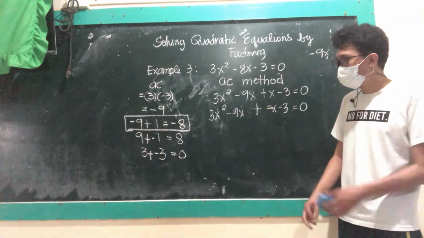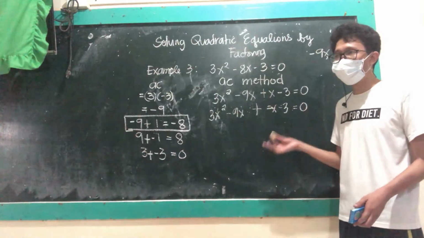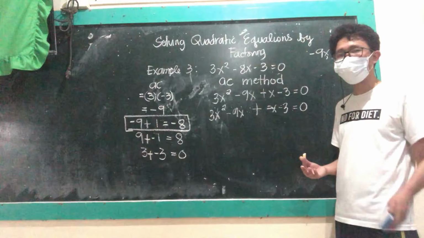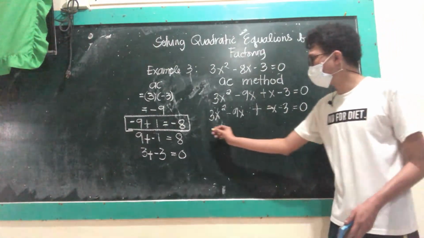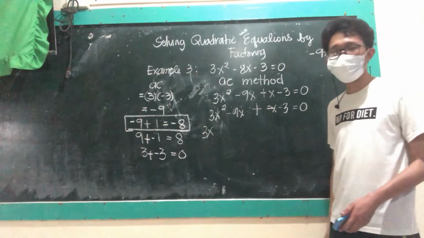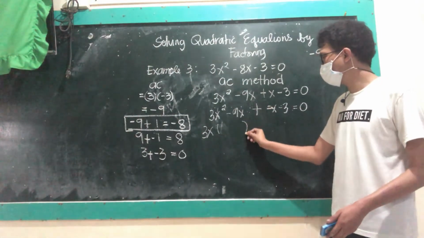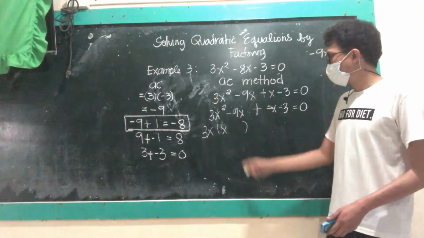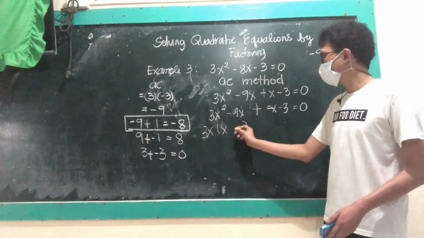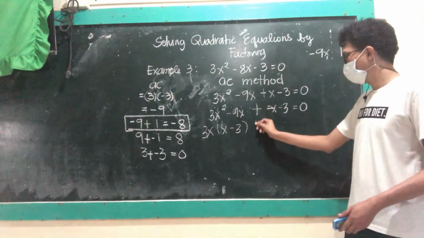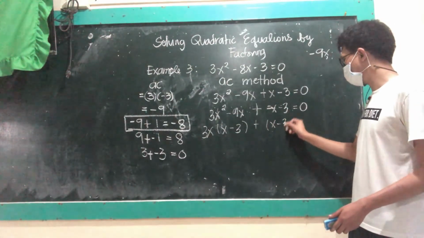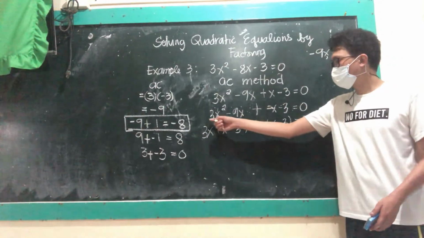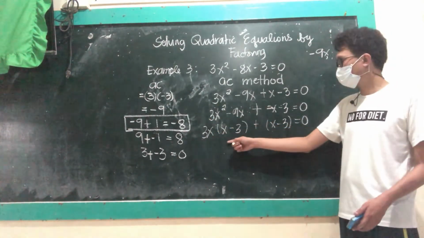If we follow the steps that I showed you during our first example, we find that the common factor is 3x. Then by division, 3x squared divided by 3x is x, and negative 9x divided by 3x is negative 3, plus x minus 3 is equal to 0. Now we get the factors of 3x squared minus 9x: 3x and x minus 3.